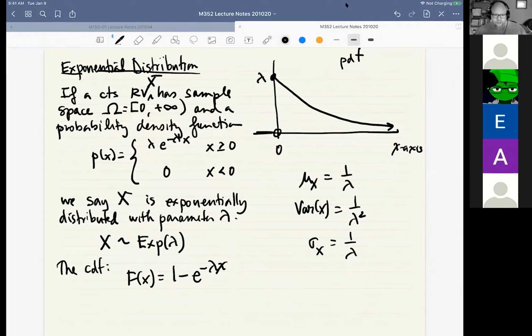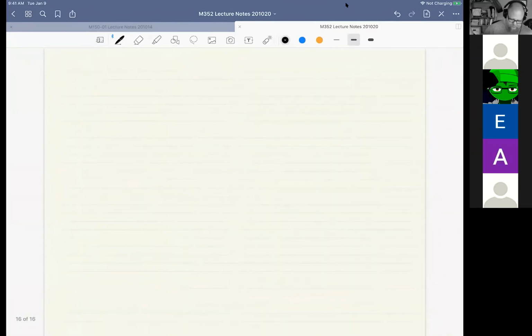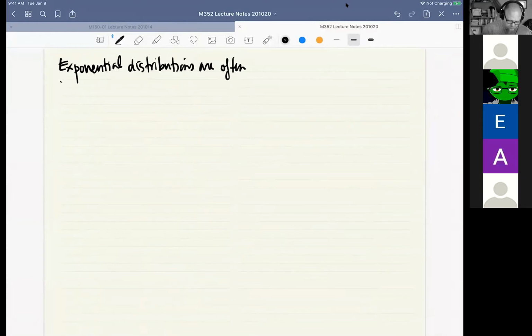And in fact, there's a really tight relationship between Poisson processes and exponential processes. I'm not going to get into that. So exponential distributions are often used to model waiting times.